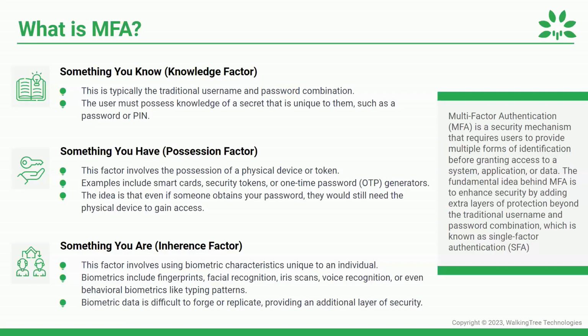And the second factor is the possession factor. That is something you have, other than the knowledge, a physical entity that is with you, which will help you authenticate yourself to get access to the application.